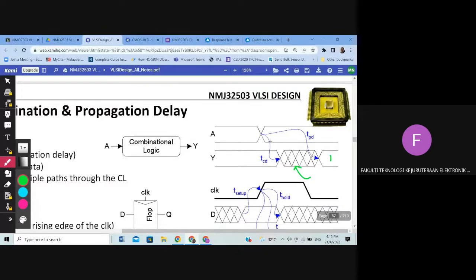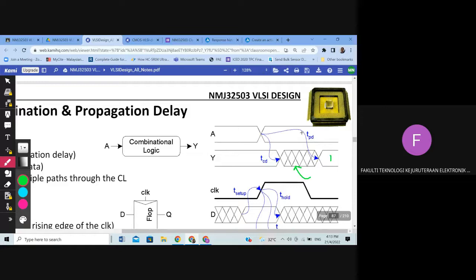So TCD, contamination delay time, is the initial change at the output. And TPD, or propagation delay, is a permanent change of the output, whereby here, for example, we have logic 1. Logic 1 is permanently changed, not changed to 0 or fluctuating to any value. So that's what we call propagation delay.